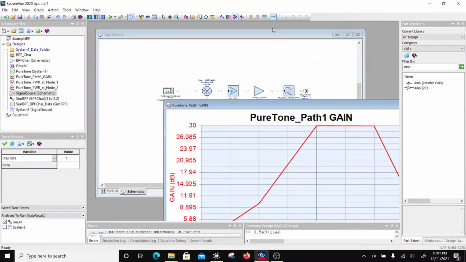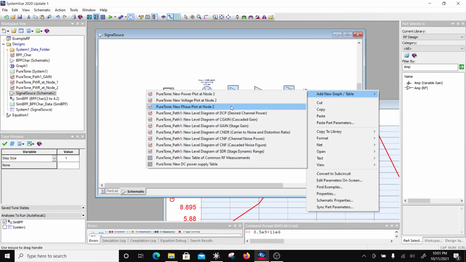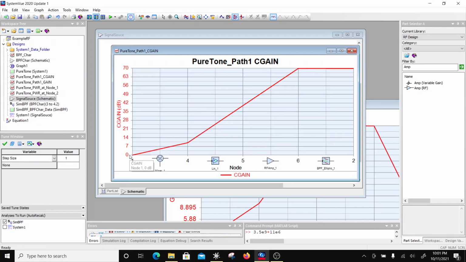Now, more meaningful would be cascaded gain. So if I look at cascaded gain here, what does it say? Let's say this is 0 dB. So gain is 10 here, and then you have a gain of 30, so that becomes an overall gain of 40.